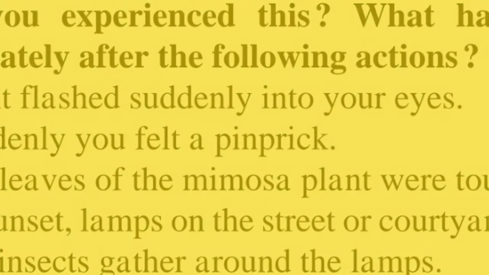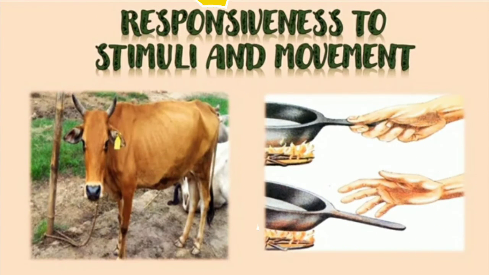Now, if you suddenly enter a cow shed, what will happen? The cows and the buffaloes will stand up and start to move, right? One or two may even start moving. So what are these? These are all movements. Okay?